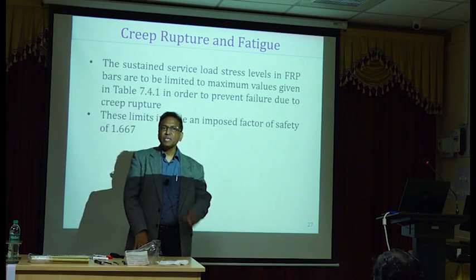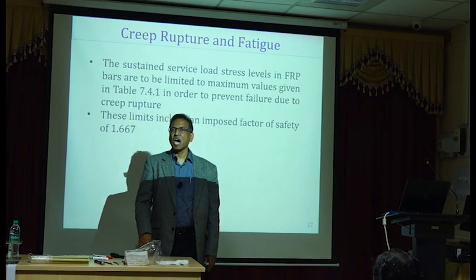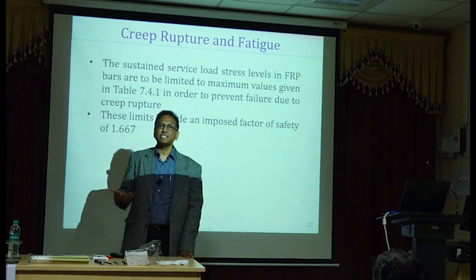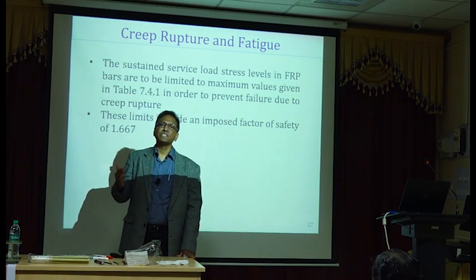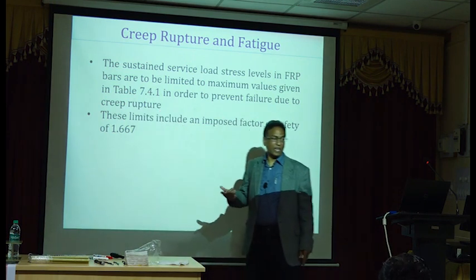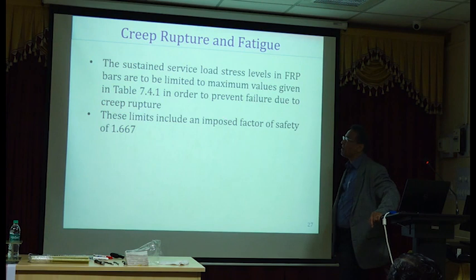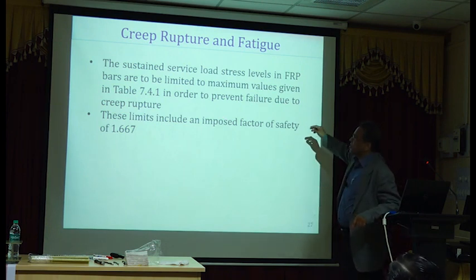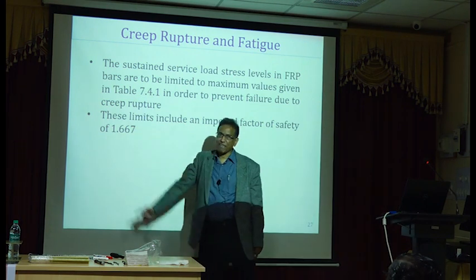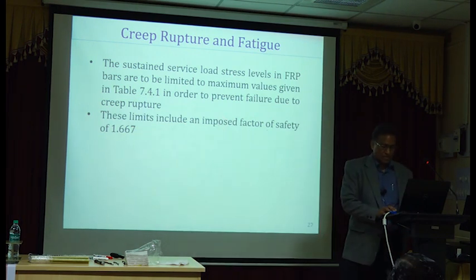If you are talking with somebody from Europe, they will argue with you, but we are using ACI, and ACI classifies creep rupture as a service load effect, because that will make a big difference. It will make a difference of at least a 1.5 factor, or it will be 50% off. Also, in the creep rupture limits, we have a factor of safety of 1.667. That's already built into the stress limit.